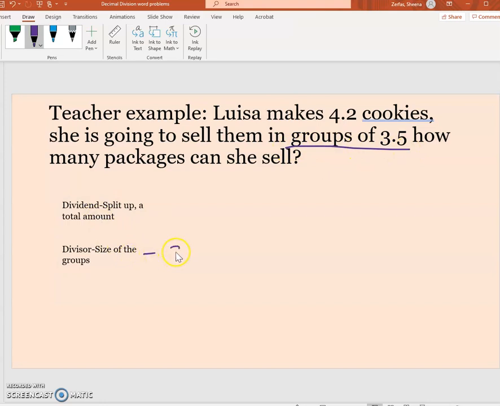So that would be my divisor, and 4 2/10 would be my dividend. For these first couple of questions in this assignment, we're just going to write the equation. We don't need to solve. So we have 4 2/10 being divided by 3 5/10.